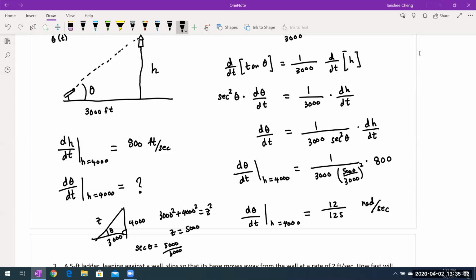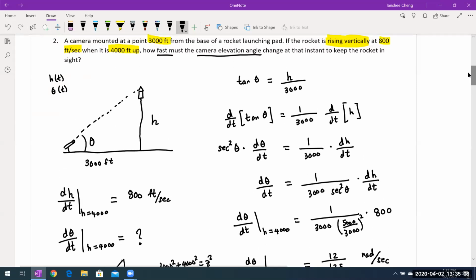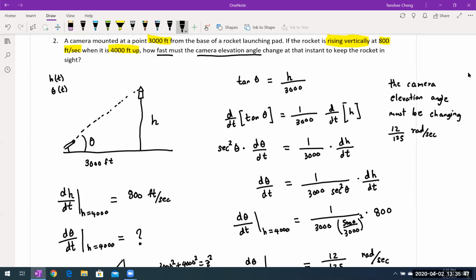So finally, I can make my interpretation: the camera's elevation angle must be changing at 12 over 125, or you can put it into a decimal number, radians per second.